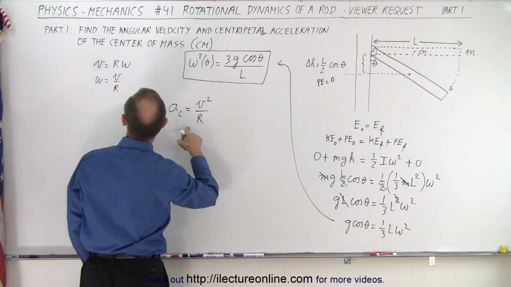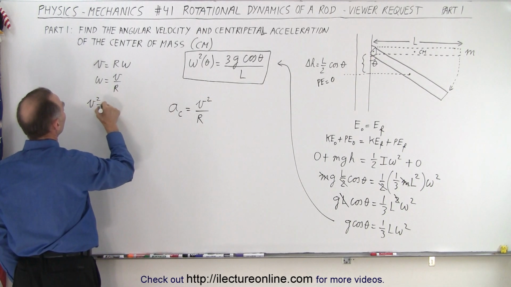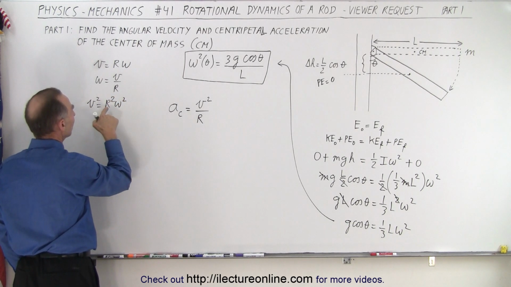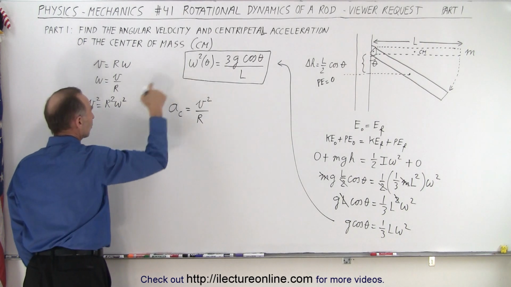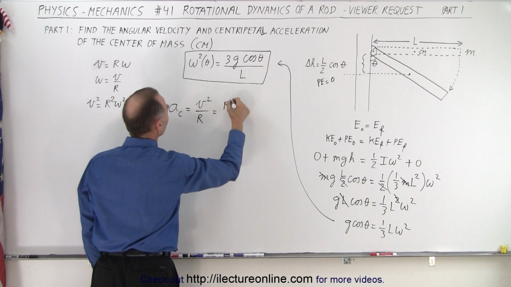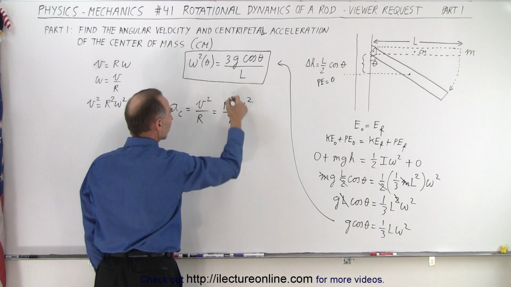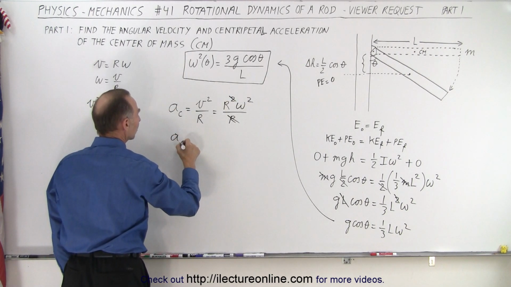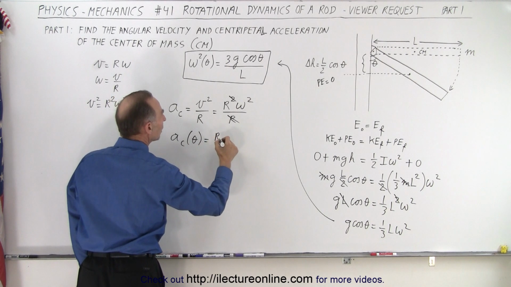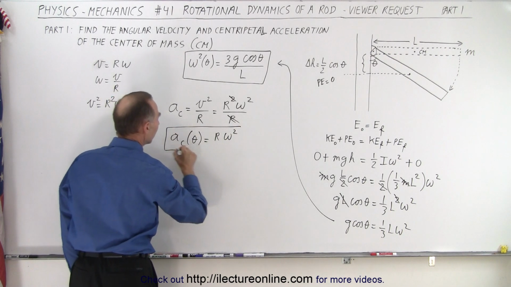So we could say v squared is equal to r squared omega squared. That's even better. We can replace v squared by r squared omega squared. That's why we kept omega squared. So this can now be written as r squared omega squared divided by r. If we cancel out this r and that r, the centripetal acceleration as a function of the angle is equal to r times omega squared. That's it.